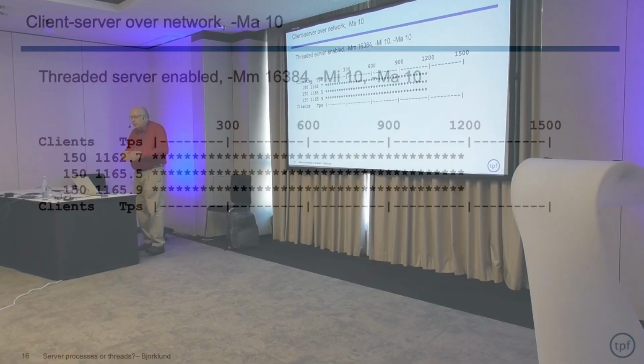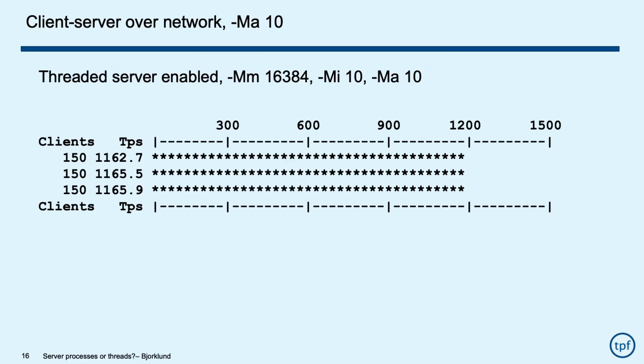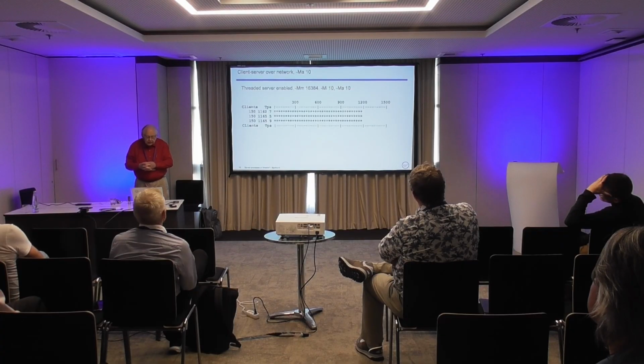Next, we raise -MA some more. With the threaded server enabled, we get 1,160 or so transactions per second.